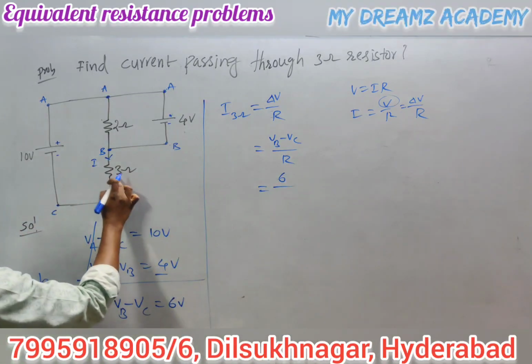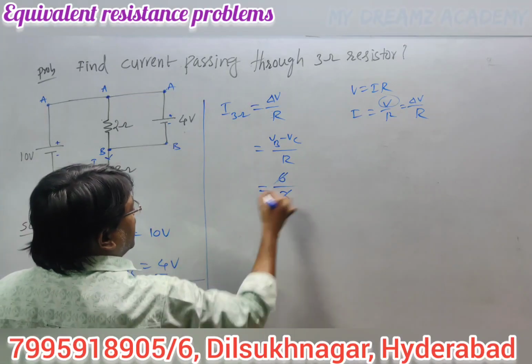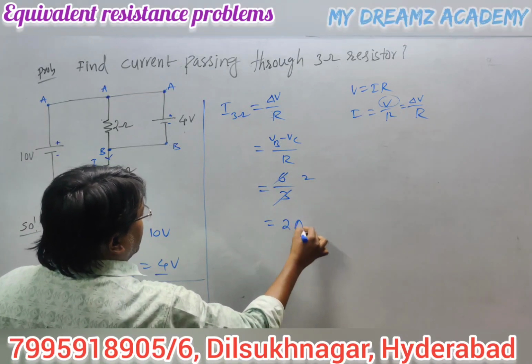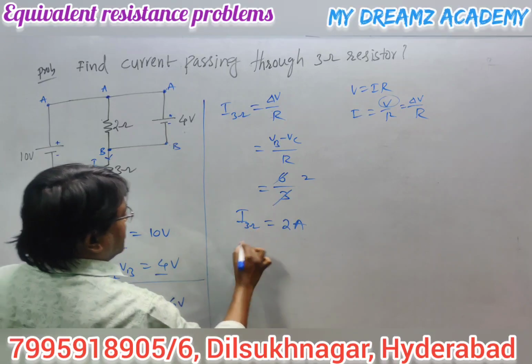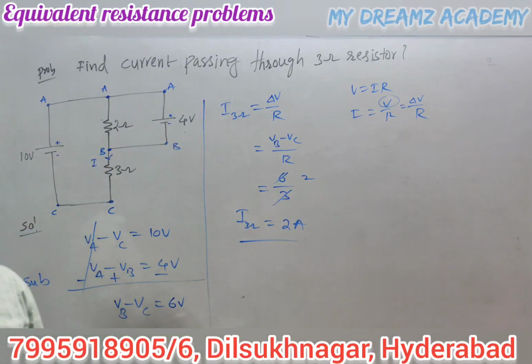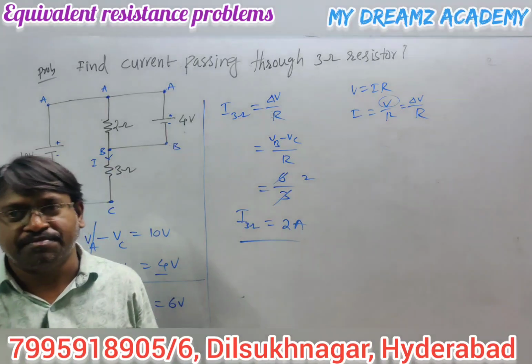What is the resistor? 3 ohm. 6 by 3 is 2 amperes. So the current passing through the 3 ohm resistor is 2 amperes. This is the easy method to solve the problem.